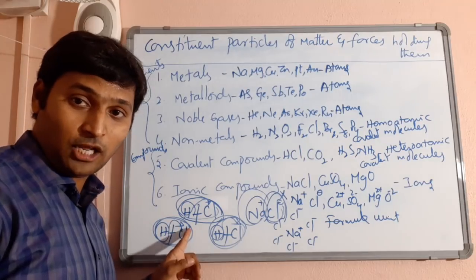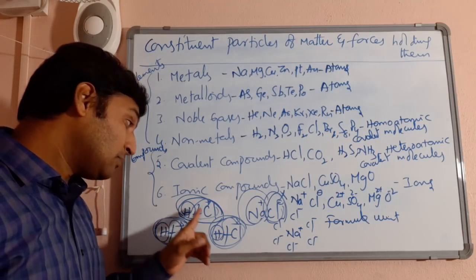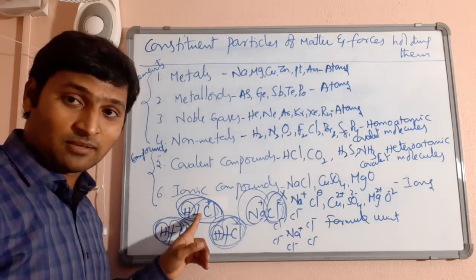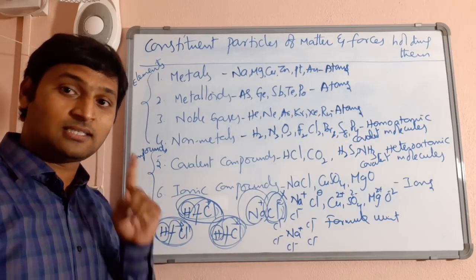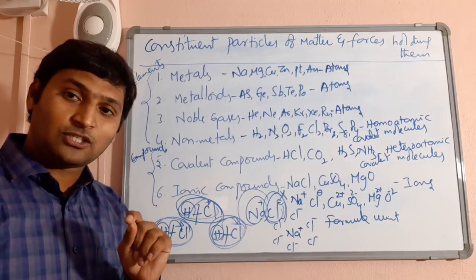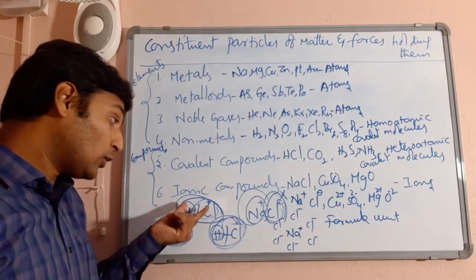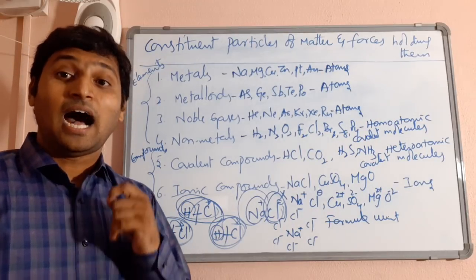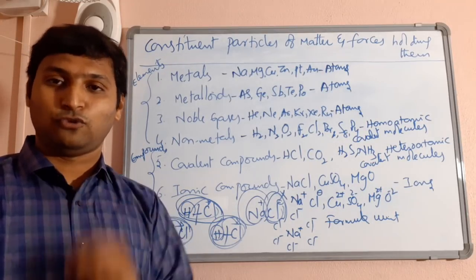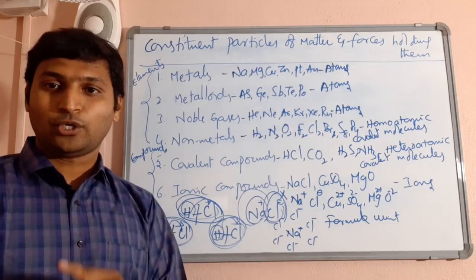Whereas in covalent molecules, in each molecule, covalent bond holds the atoms that will decide the chemical properties of the substance, whereas the physical properties of the substance are decided by what holds one molecule from the other, called intermolecular forces, otherwise called van der Waals forces, which we are going to discuss next.